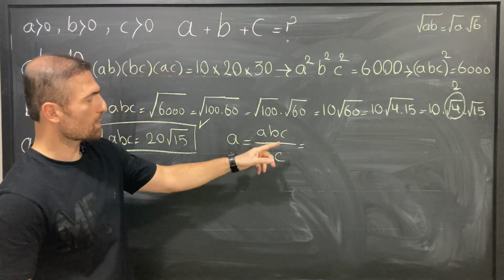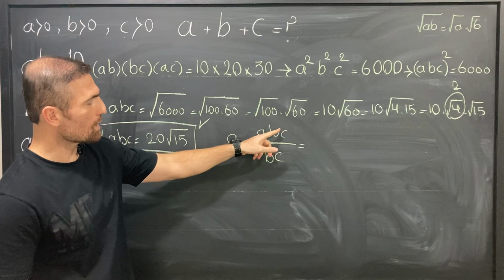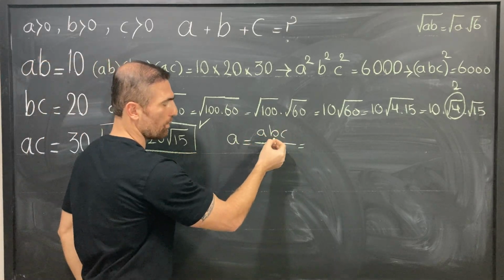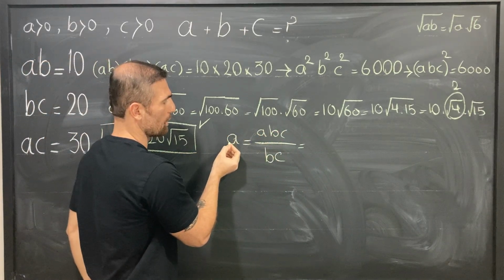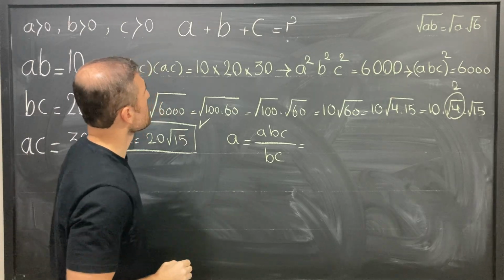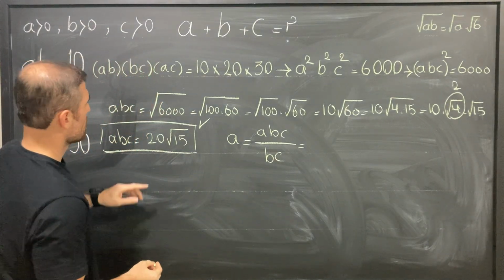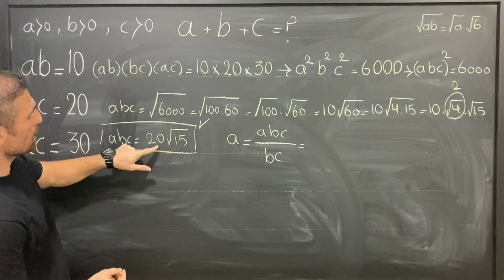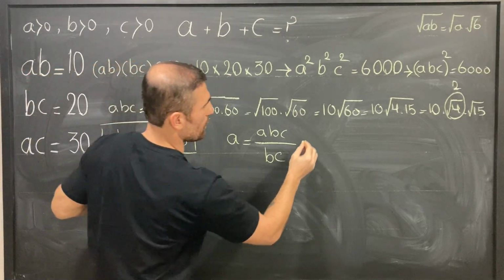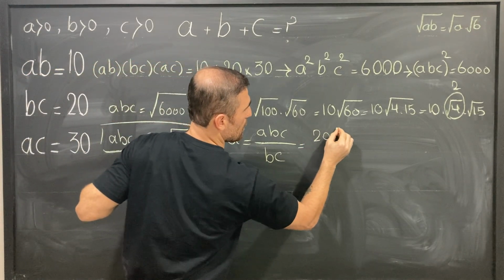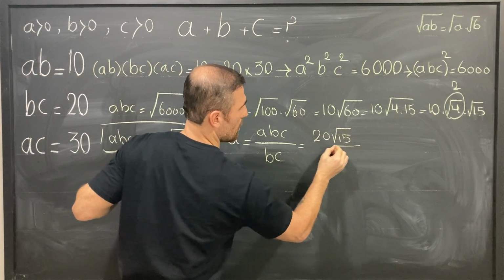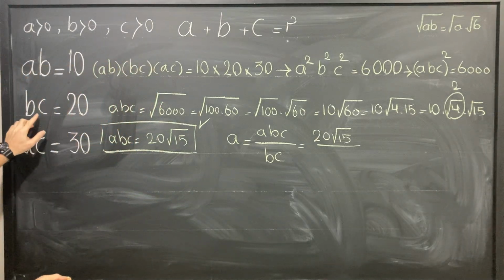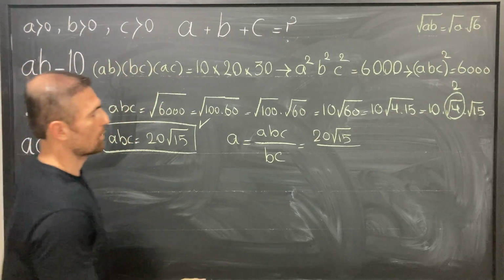Look, abc over bc is going to be, this bc cancels off, so we can find the value of a. What is abc? The value of abc we calculated is 20 square root of 15. The value of bc, the question says bc is 20.